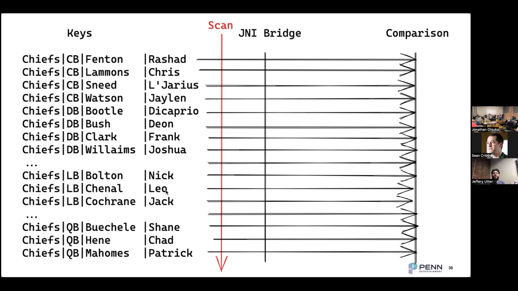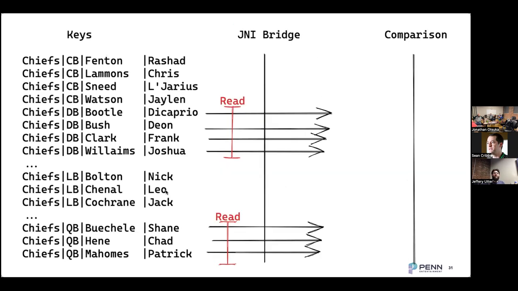The benefit here, what we kind of did, is you can break those queries down into multiple queries that can jump right to the correct place. It can do a binary search and find the part that you need for the query. So you can jump right to the beginning of the Chiefs defensive backs and read them all out. You still have to cross the JNI bridge, but it's for data that you actually wanted, not data that you didn't want. And once you reach the last defensive back, you can jump right to the next part of the IN.